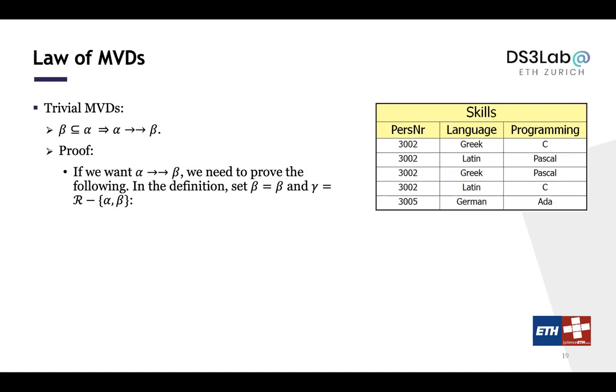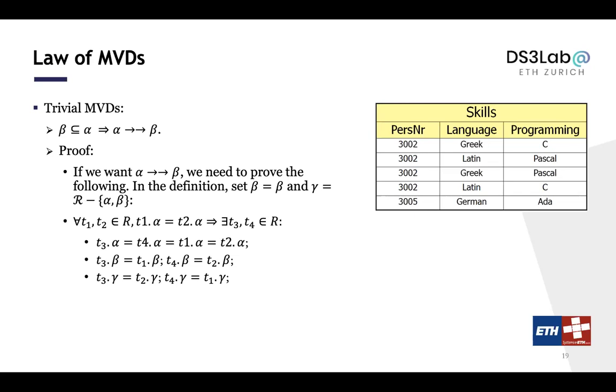You need to prove that for all pairs of T1, T2, if they match on alpha, you can always find T3, T4 such that all four tuples match on alpha, T3 and T1 match on beta, T4 and T2 match on beta, T3 and T2 match on gamma, and T4 and T1 match on gamma. It's very easy to check. You just set T3 equal to T2 and T4 equal to T1, and you are done. Okay, so this is another trivial MVD in relations.